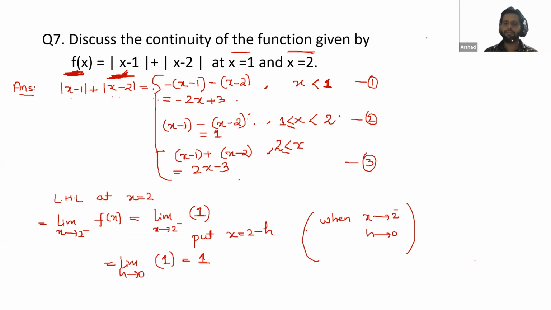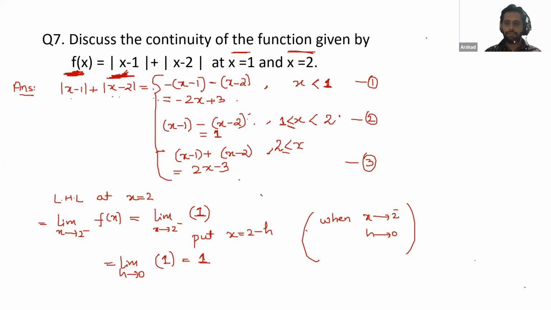Actually, you missed yesterday's class, that's why you're facing the confusion. x tends to 2 means x is going towards 2 from the left side, so the value is slightly less than 2. That's why we are taking the second function. Okay. Please check the previous recorded lecture. We did many questions yesterday.